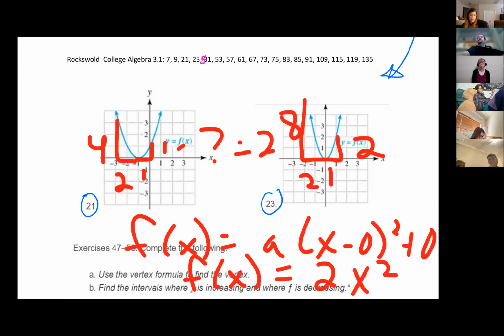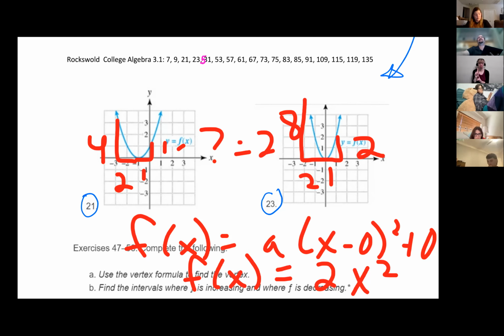Questions about this one? I feel like plugging in the zeros, plugging in the vertex, is probably not the thing that trips people up in that one. It's probably going to be that factor on the outside. All right. Did anyone get through 51?